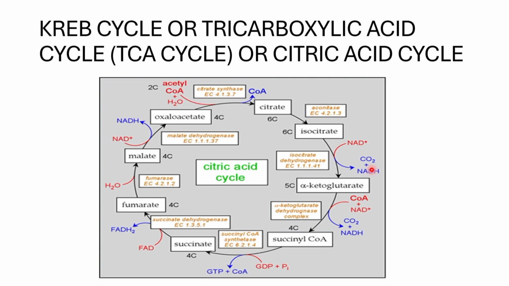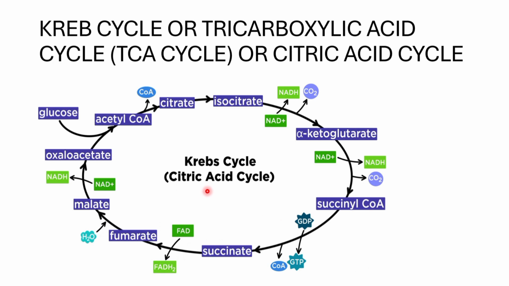Okay, so now my previous video was on the electron transport chain. How does this reducing equivalent, which is NADH and FADH2, get converted into ATP? Okay, it's the same process here. Then we talk about glucose metabolism to produce acetyl-CoA. Acetyl-CoA will be added to oxaloacetate to form citrate.